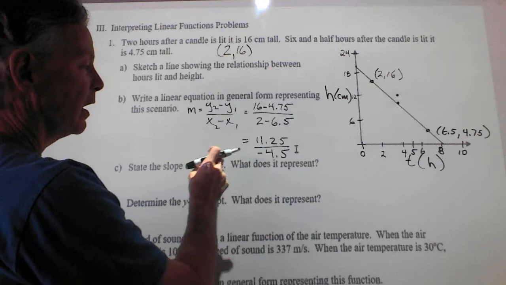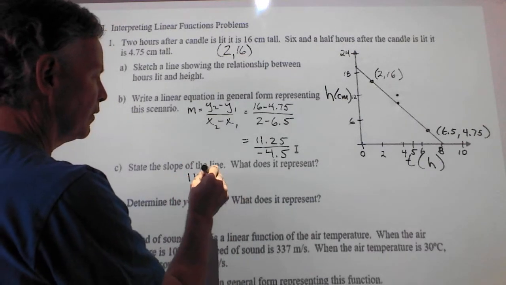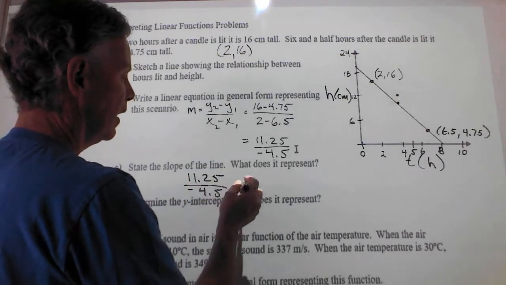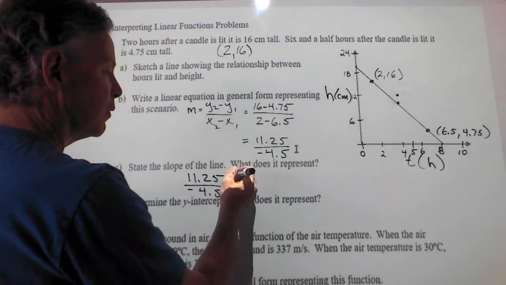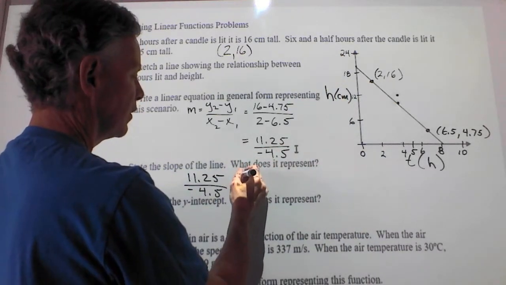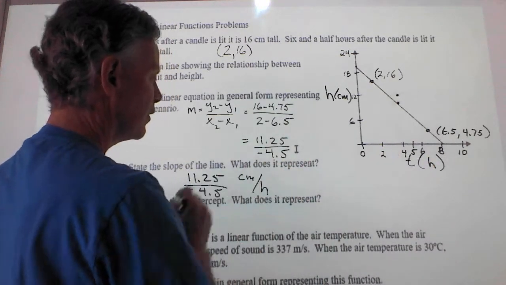State the slope of the line. What does it represent? So the slope is 11.25 over negative 4.5. What does it represent? Well, look to the units. Your y is centimeters, your x is hours.